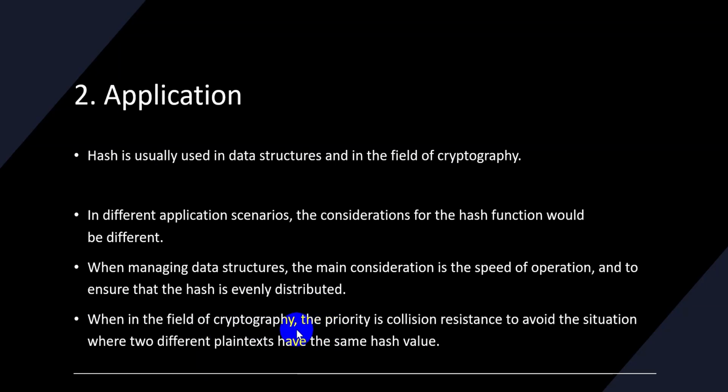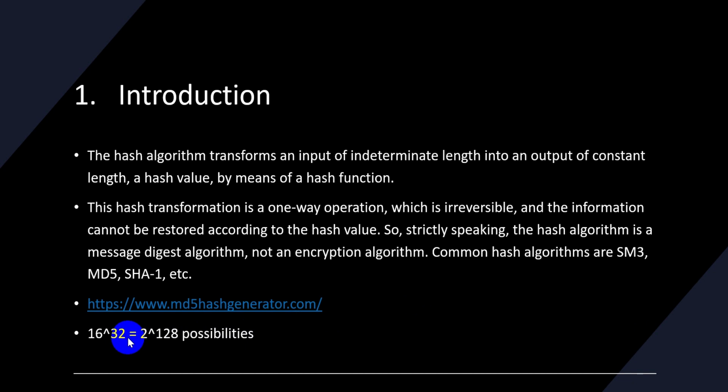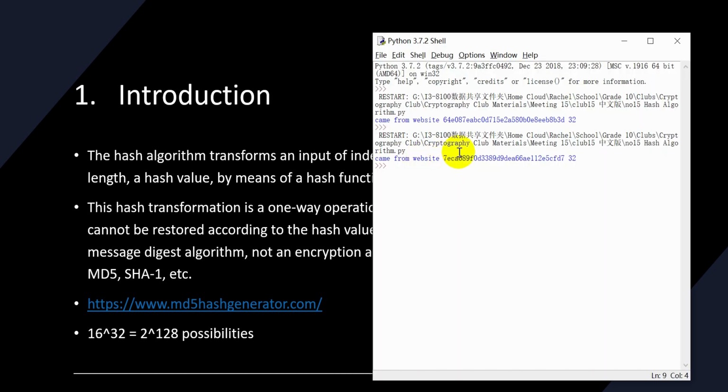So there are 16 to the power of 32 possibilities, because the hash that we got is not in decimal format, it's in hexadecimal format, because there were letters in it along with the numbers. So for each place, there are 16 different possibilities, and there are 32 digits.